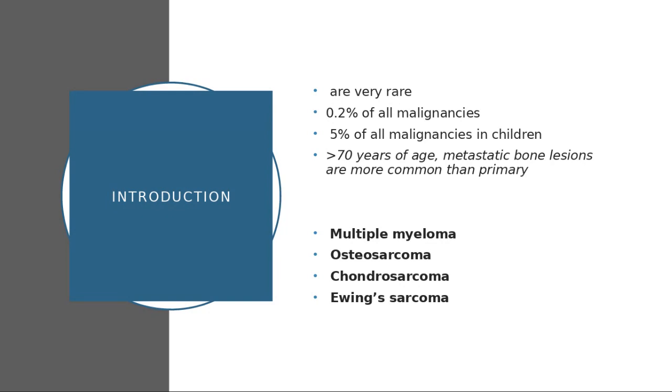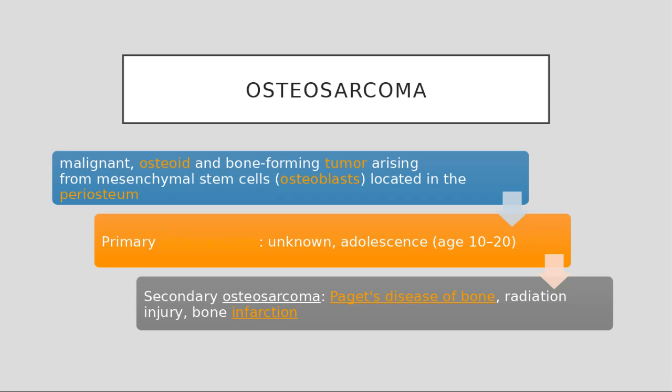The four main ones are multiple myeloma, osteosarcoma, chondrosarcoma, and the ever popular Ewing sarcoma. So let's start with the osteosarcoma. Commonly thought to be the most common primary malignant tumor of bone, but it's actually not. The most common primary malignant tumor of bone is multiple myeloma, but we'll get on to that later.